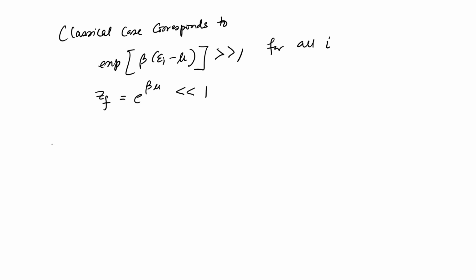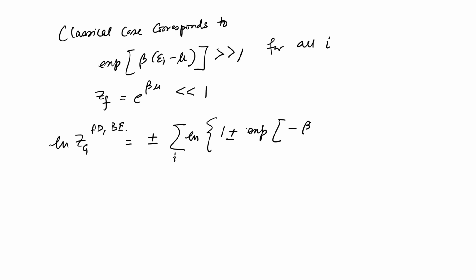If you remember, the log of Zg, either for FD or BE, is equal to plus minus sum over i of log of 1 plus minus exponential minus beta epsilon i minus mu.